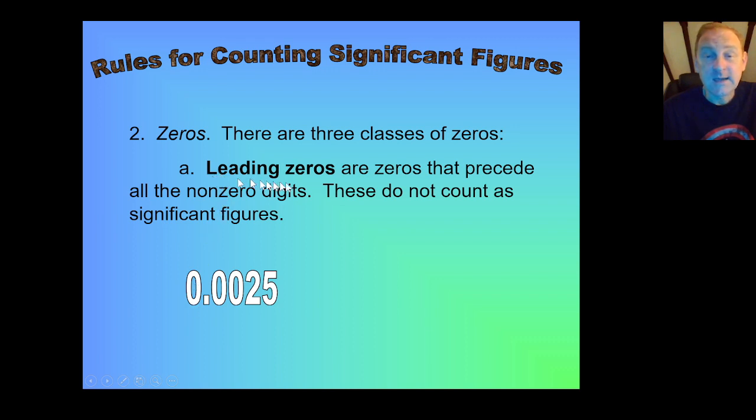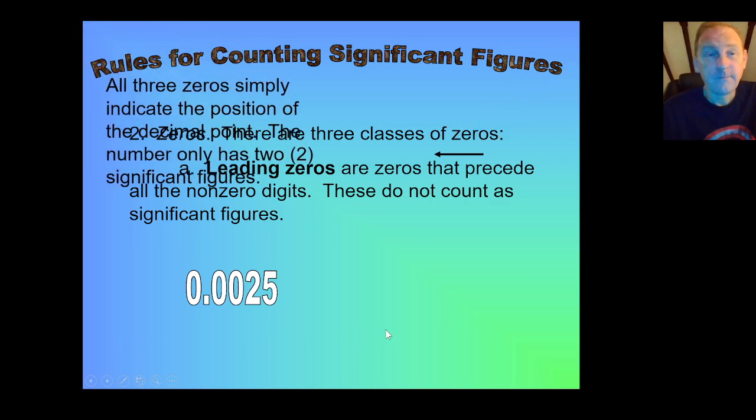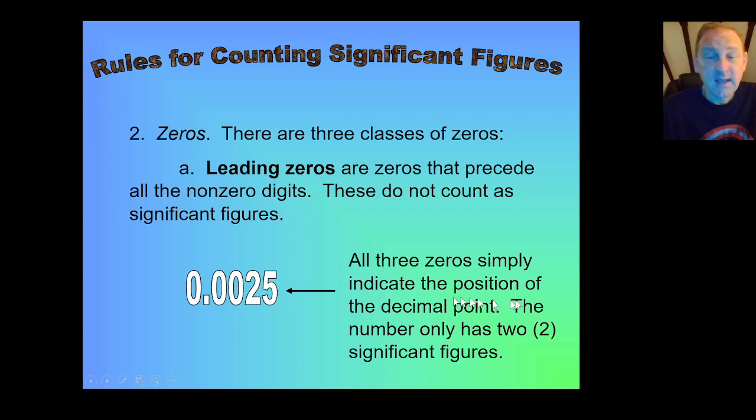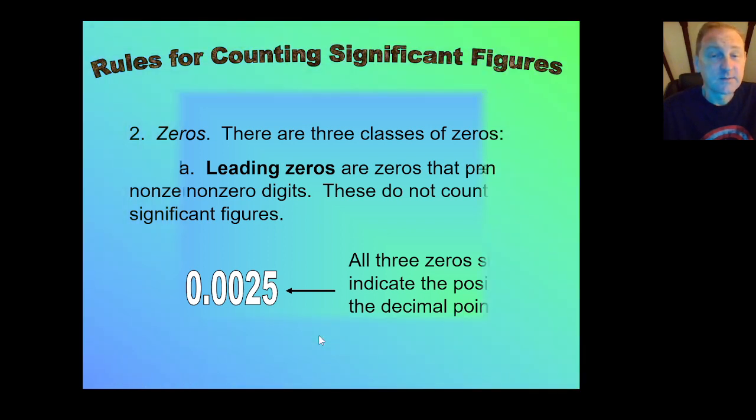These are called leading zeros. These are not significant. So 0.0025 has only 2 significant figures. They're just placeholders. So all 3 zeros simply indicate the position of the decimal place. The number only has 2 significant figures.